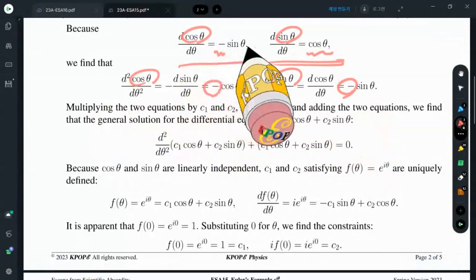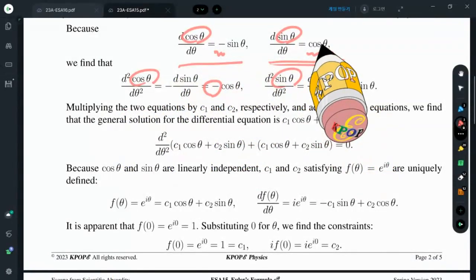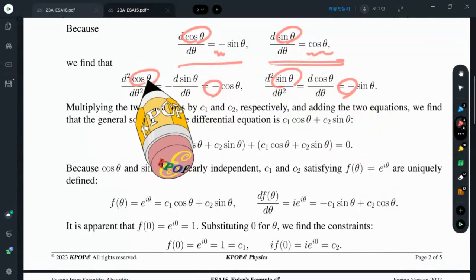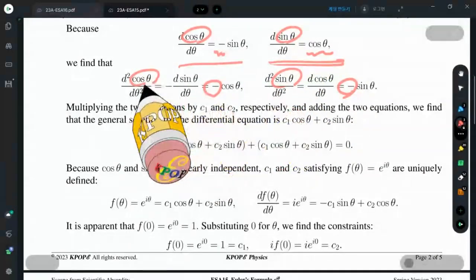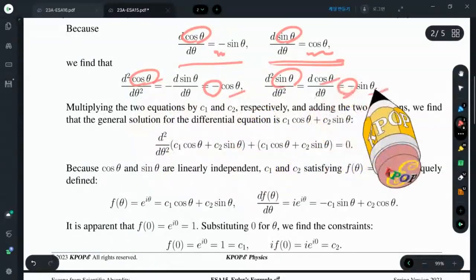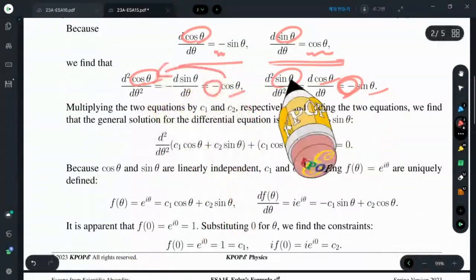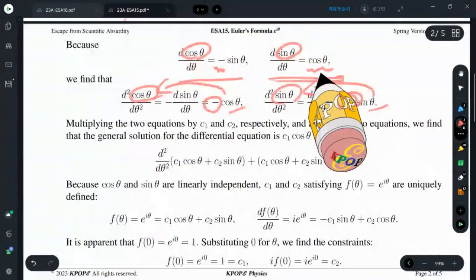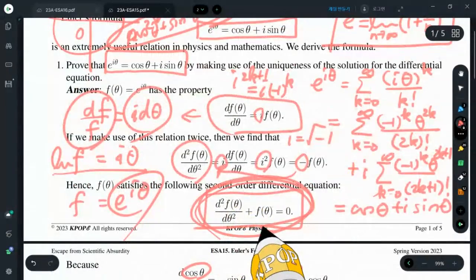Even though a single derivative has a different sign, if you apply the derivative twice for either cosine or sine, the result is always the same as the original function with a negative sign on it. As a result, moving this one to the left-hand side, you will find both cosine and sine are solutions for this differential equation.